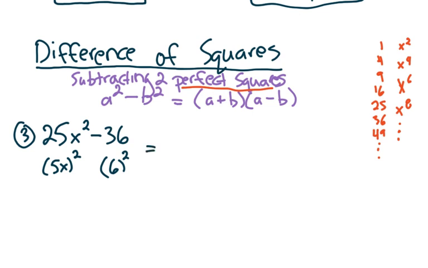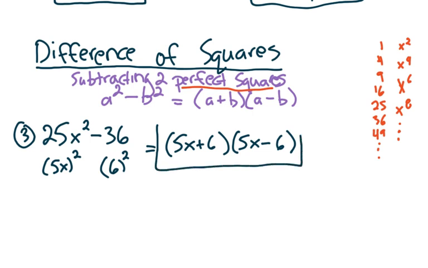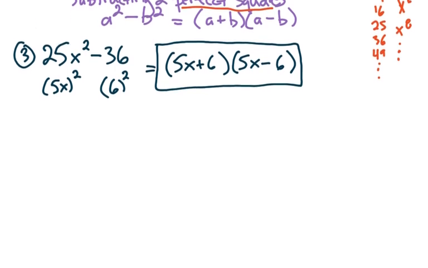So when I factor this, this would factor into a 5x plus 6 and a 5x minus 6. And this will be our answer. So basically we take the square roots, 1 parentheses plus and 1 parentheses minus.